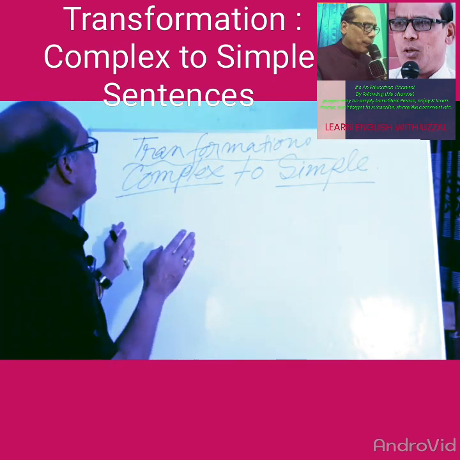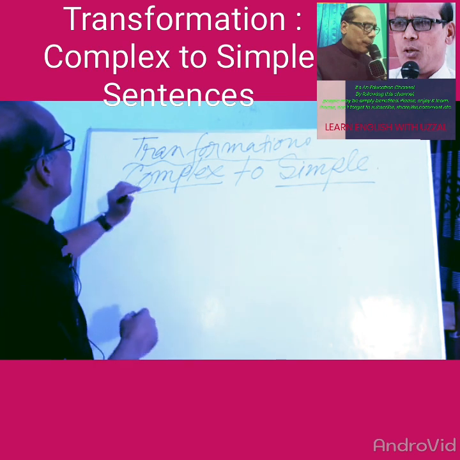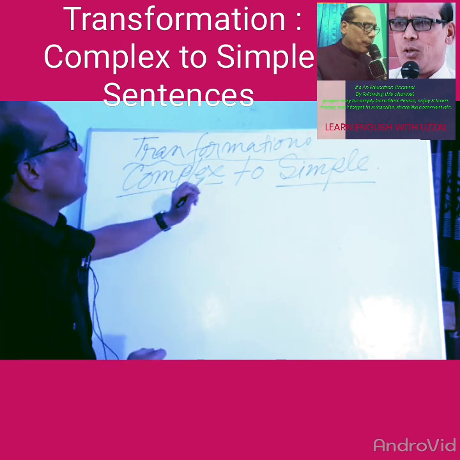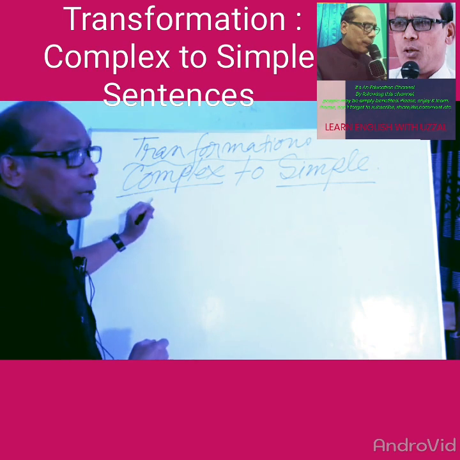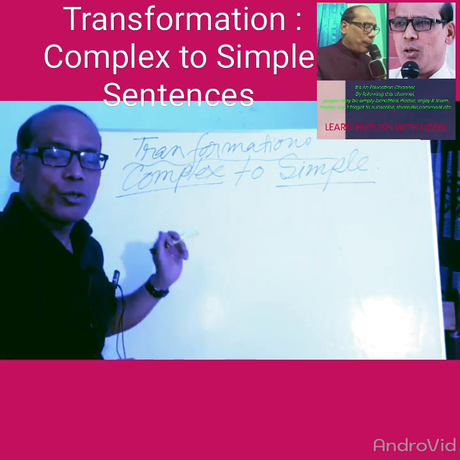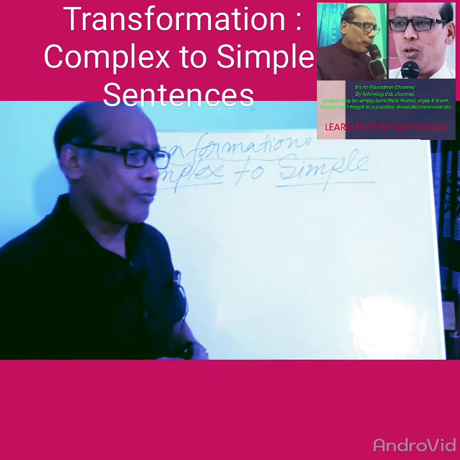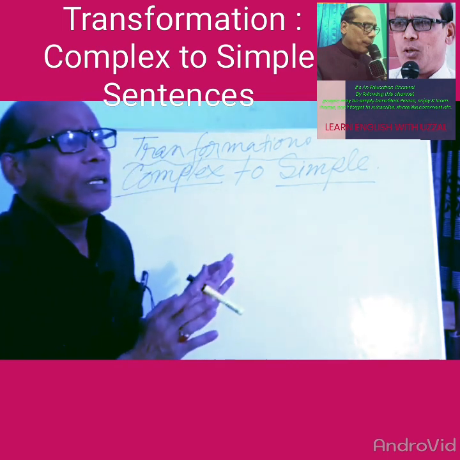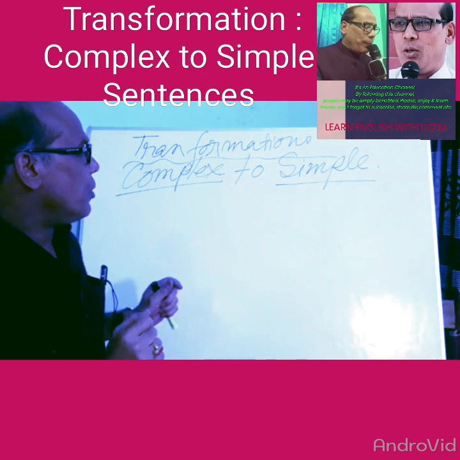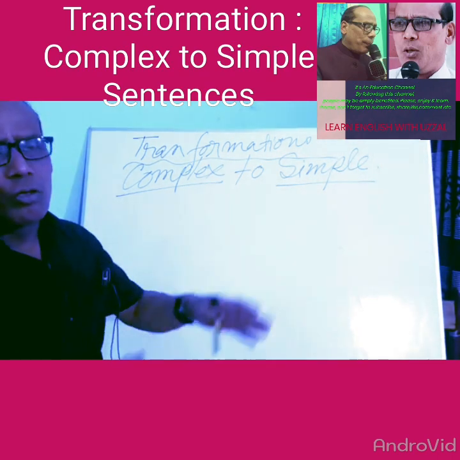So now we'll have to make simple out of complex. Complex has two subjects and two finite verbs. On the contrary, simple has one subject and one finite verb. So it's a very tough job to make a chair out of a table.